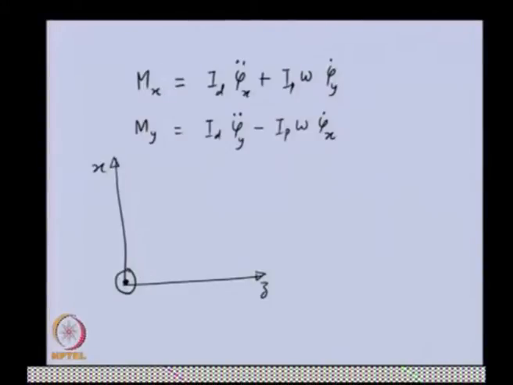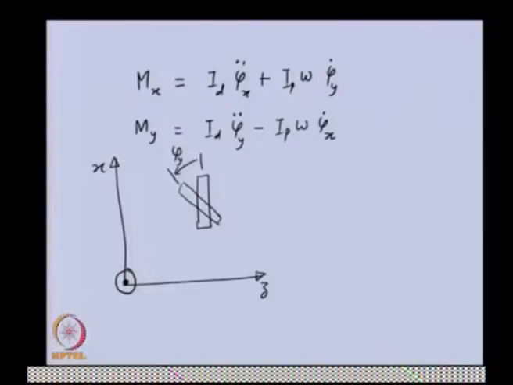The disc is somewhere here, and is having tilting in the positive direction according to the positive convention, that is, about the y axis, because the y axis is perpendicular to the screen and outside the screen. So, according to the right hand screw rule, this particular direction will be positive.